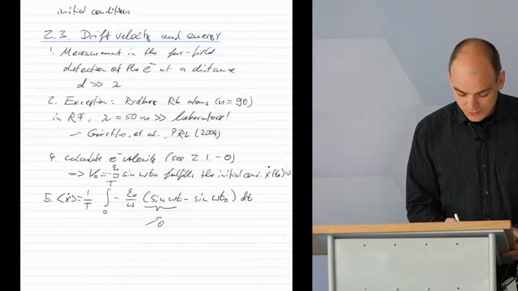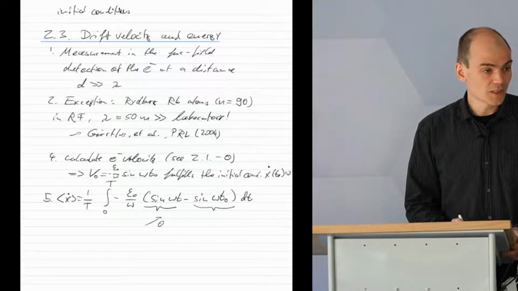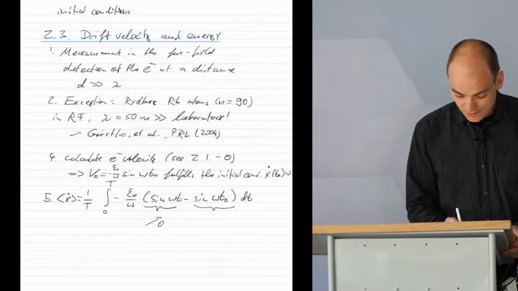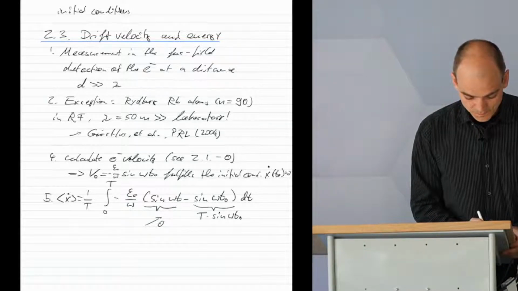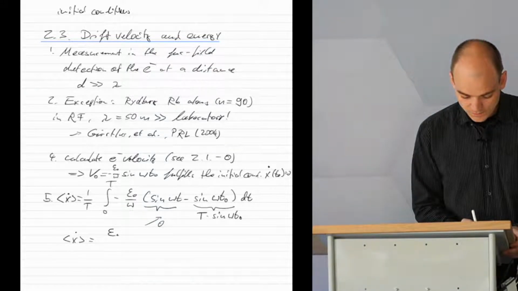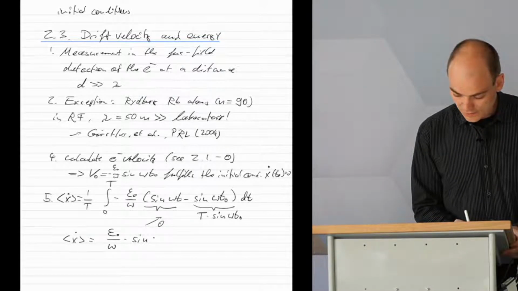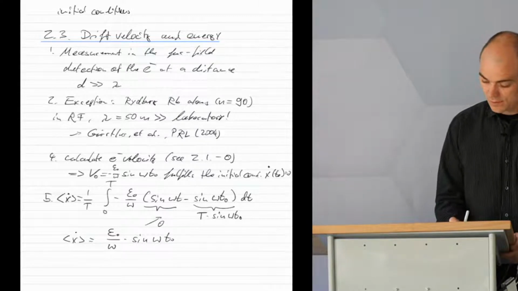And then if we integrate over this term, since sine omega t0 is actually a constant, what we obtain is t times sine omega t0. And so the drift velocity here is E0 over omega times sine omega t0.